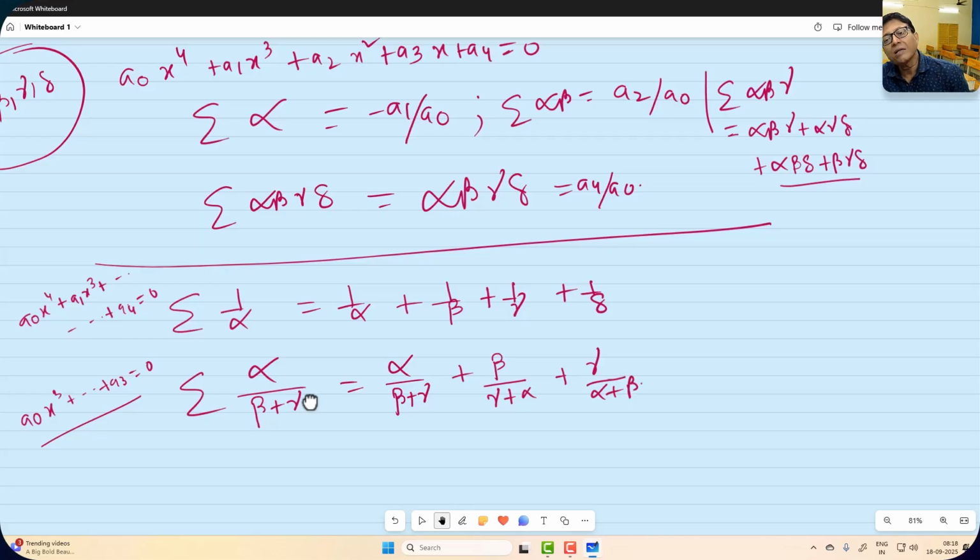Are they symmetric? They are all symmetric, because the definition we should remember: if we interchange any two variables out of this, the expression is not going to be changed. It will remain the same. That's why they are all symmetric functions of roots.